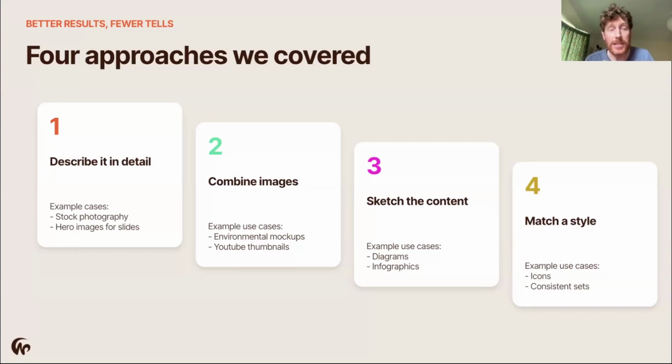I showed you sketching some content and uploading that as a reference point. Great for infographics, diagrams, and anytime you need to give more information. And we talked about matching a style using reference images as well and creating multiple sets. Super useful for icons, consistent sets, etc.